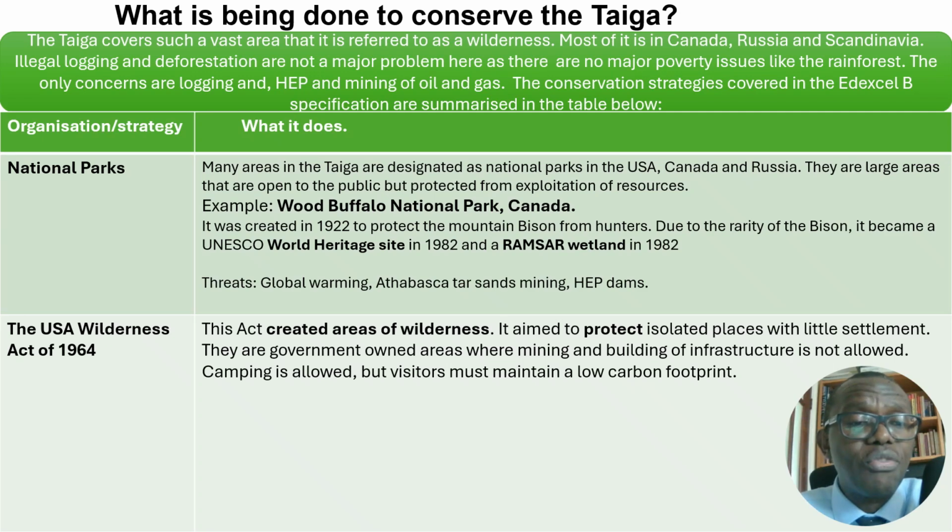Now, what are the threats then to these national parks? Again, global warming is a threat. We also have the Athabasca tar sands mining. That is also a threat because despite the fact that it's not necessarily being done in the national parks, the impact of it in terms of water pollution and air pollution is likely to be felt, and the decrease in the biodiversity in those other areas is likely to be felt in the national parks as well.